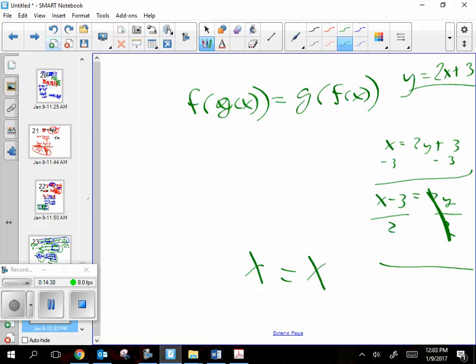Why don't you give that one a try and prove that this function and this function are inverses by sticking the one inside the other and vice versa. I'm going to put the g function here. Let's call this f of x. Let's call this g of x.